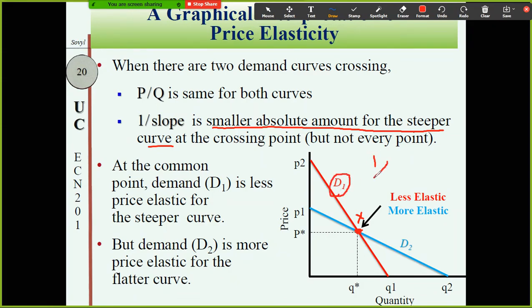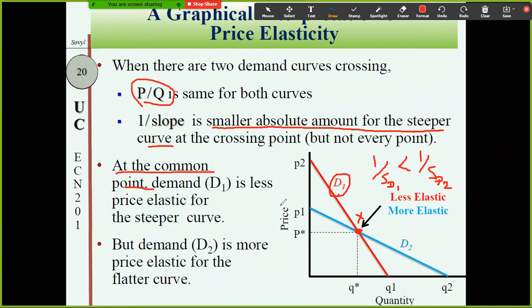That's why 1 over slope of D1 is smaller. This is D2. In terms of P over Q, D1 and D2 are the same. But for 1 over slope, the curve that's steeper has a smaller value than the flatter one. So D2 is flatter, D1 is steeper.